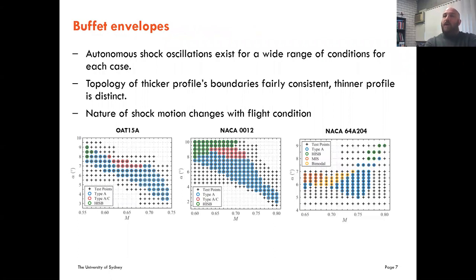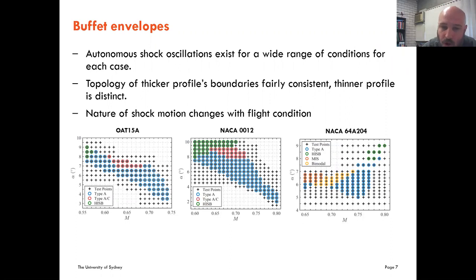So to start off, I'll start talking about buffet. I'll show you a video in a second, but basically it's a nice autonomous oscillation of a shock over an aerofoil. And depending on the type of aerofoil, you can have quite different behavior in there.